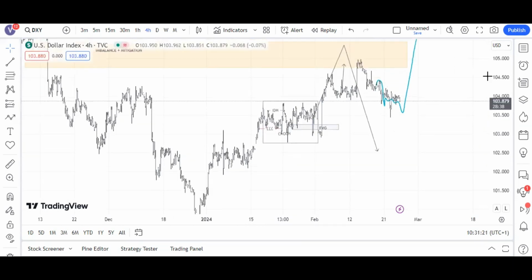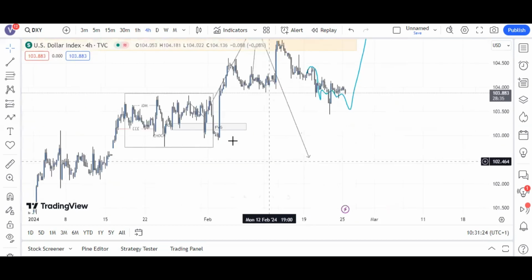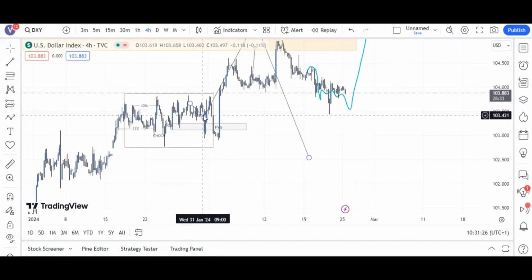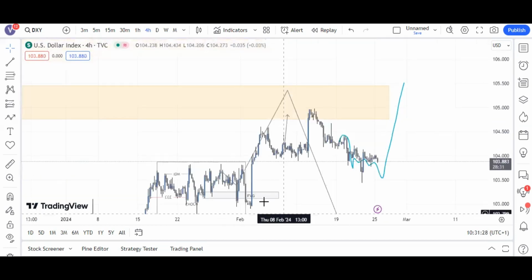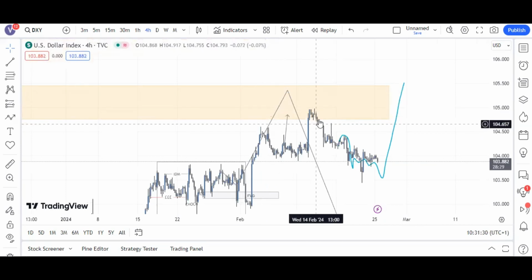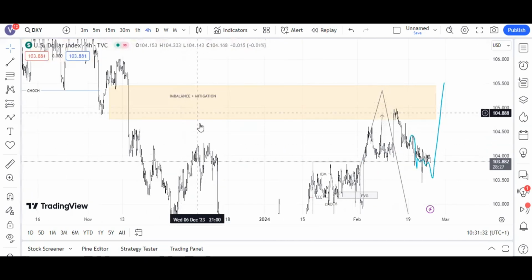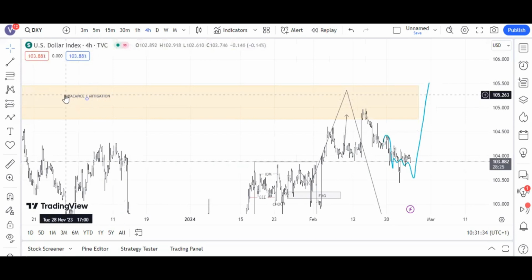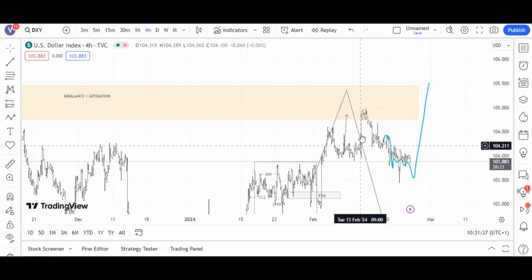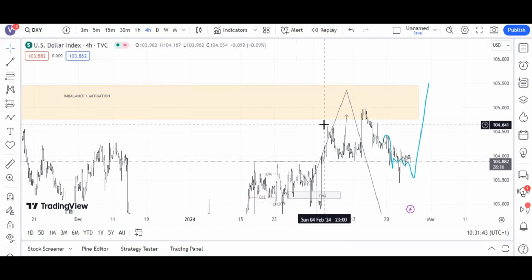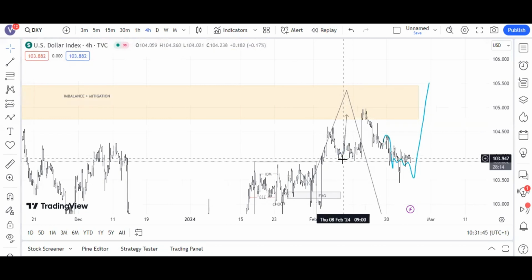I said I want to see price just retrace for a bit, but it retraced crazily. It bought into this region because I wanted it to mitigate this imbalance here, which it did. It didn't buy immediately. It got to this point, retraced. I said I'm expecting it to shoot up. It consolidated and it shot up.